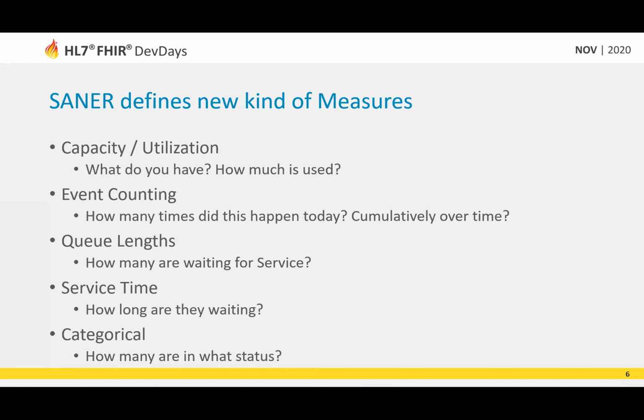And what's going on today, how many different kinds of important events are occurring: how many patients are infected today, how many patients are in my hospital today or have been admitted today, how many patients have been tested today, how many tested positively, how many patients died today, and not just today, but also cumulatively over time, so that you can actually look at growth rates in this particular realm.